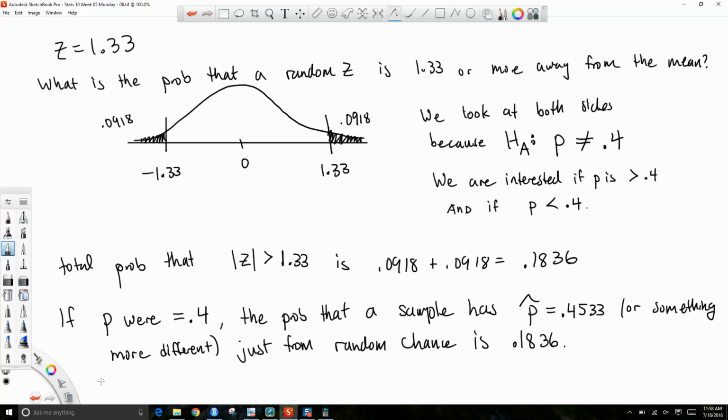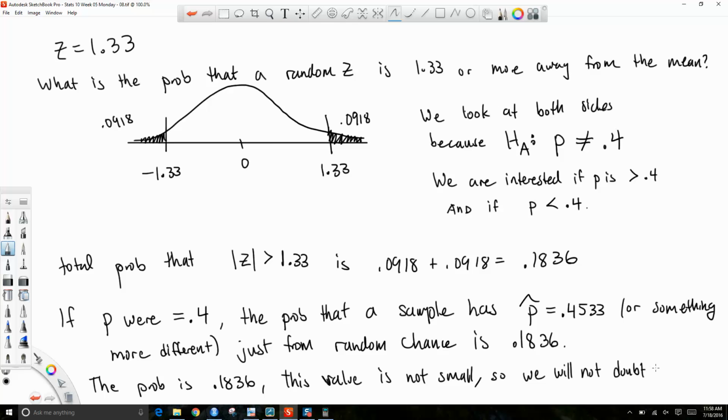So because the probability is 0.1836, this value is not small, so we will not doubt our beliefs about p, which was that p is equal to 0.4.